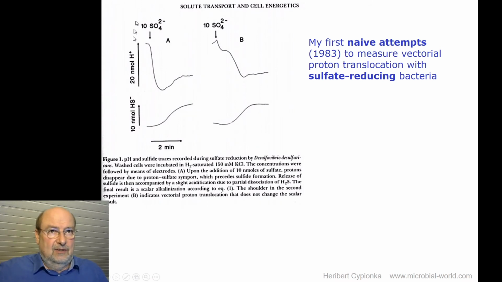And instead of adding O2, I just added sulfate. And then I get curves like that. And here the H2S formed a little bit later, so it started a little bit later. And instead of giving an acidification, what I saw was alkalinization, uptake of protons.